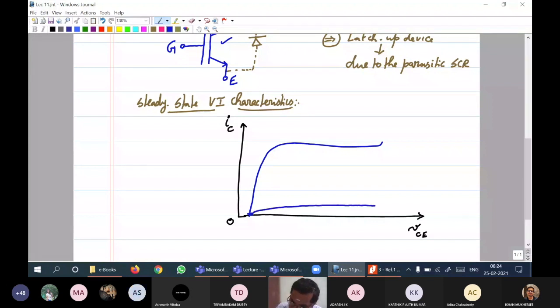Again, you will have this threshold, etc. There will be a gate threshold voltage because it is similar to that of a MOSFET. I will name this as VGS threshold. It is exactly similar, and there will be one VGS maximum. Not VGS, I'm sorry, I will correct, it is VGE.